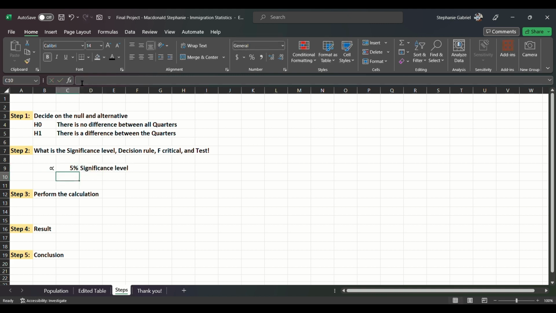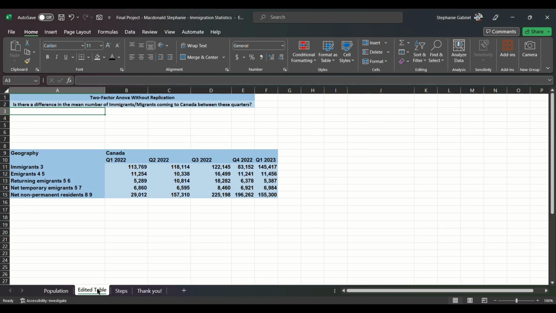The decision rule is, let's see here. That means I need to go to the F critical. I need to find the F crit for the ANOVA, so I will get my appendix B. Looking at my data set again, I need to check on the degrees of freedom.